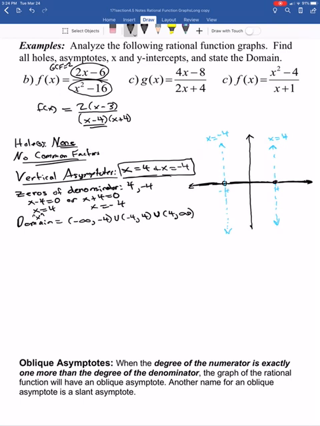All right, let's go ahead and look at the horizontal asymptote. So the horizontal asymptote, remember, exists if the degree of our numerator polynomial is less than or equal to the degree of our denominator polynomial. So we have to compare the degrees.